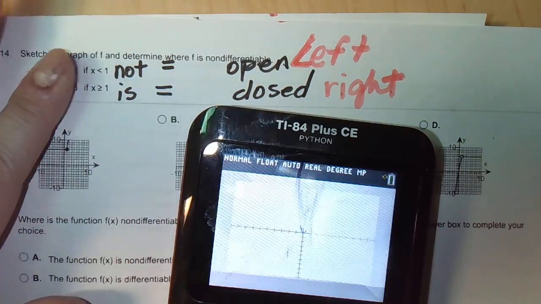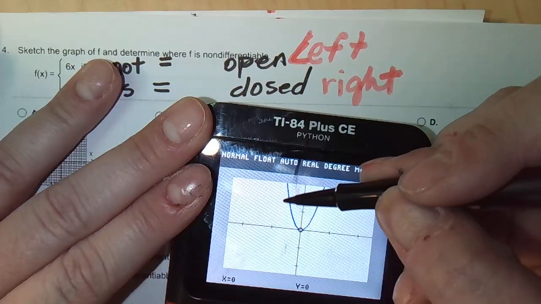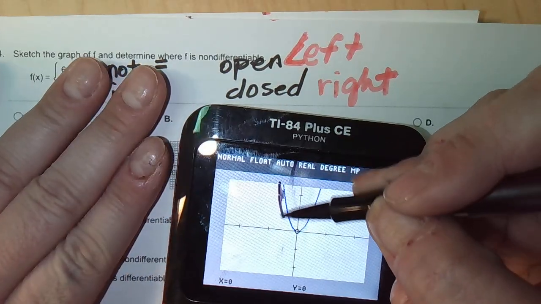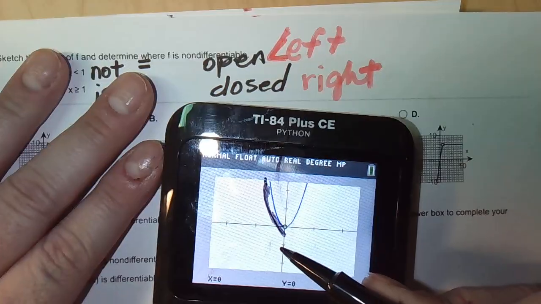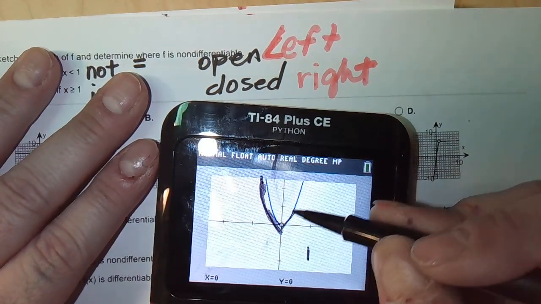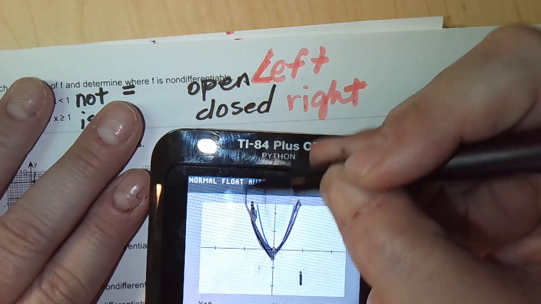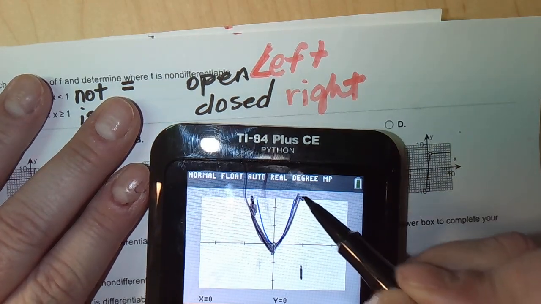Let me zoom in. Maybe it'll make it look better. Yeah, okay. So we're going to draw all of this left side of the curve, and then that's to the x value of 0. We want to draw all the way to the x value of 1. So we're going to draw pretty much all of the curve, but stop right here at 1.